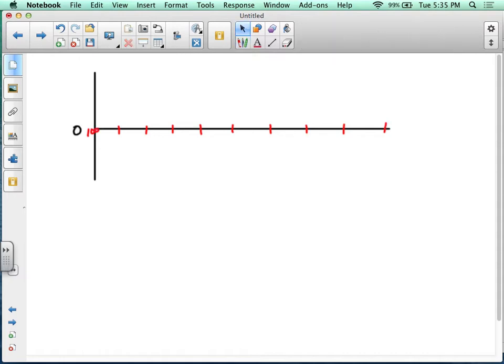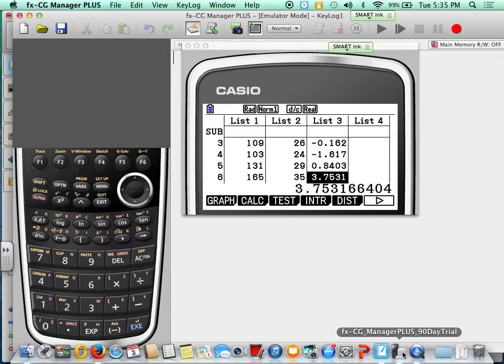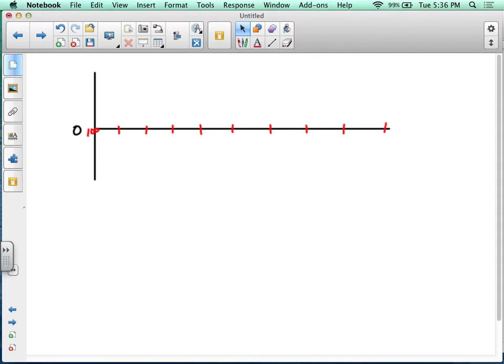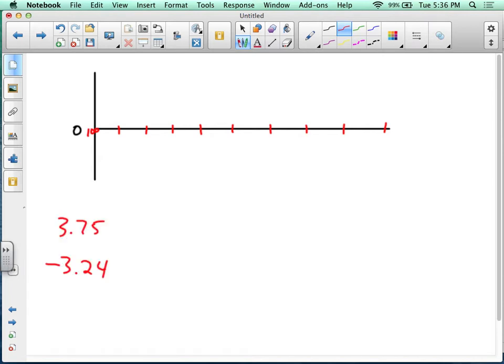Now, if you look back at your calculator, look at your residuals. The largest is 3.75, which I'm at right now. If you go up a little further, you'll see that your smallest is negative 3.24. Well, since your largest is 3.75 and your smallest is negative 3.24, what you want to do is write these numbers down. So there they are.